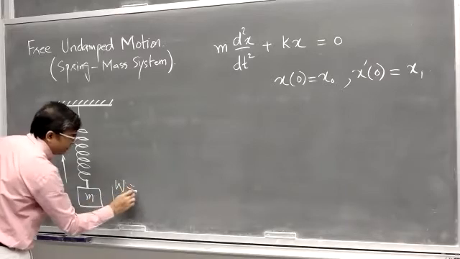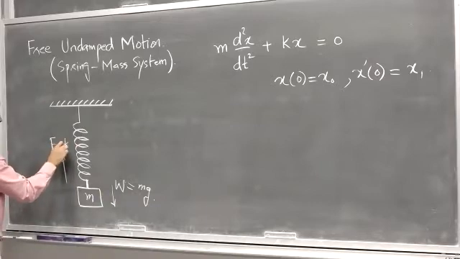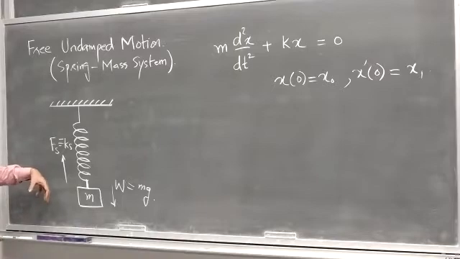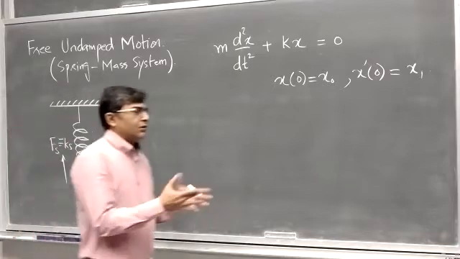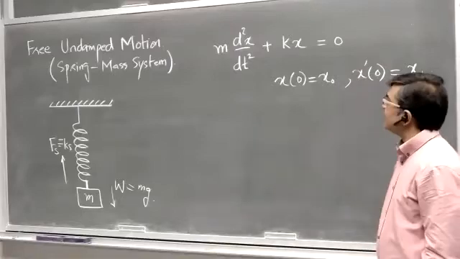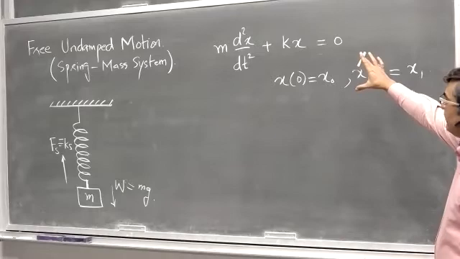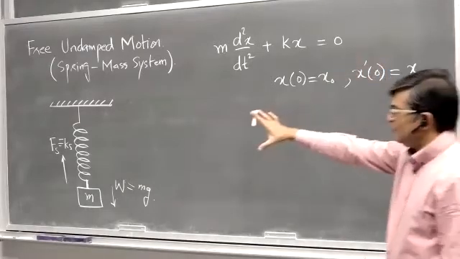The weight force is obviously mg, and the restoring force was k times s. And it is always a negative force because it is acting opposite to the motion of this mass. So this was the model which we derived in this situation.